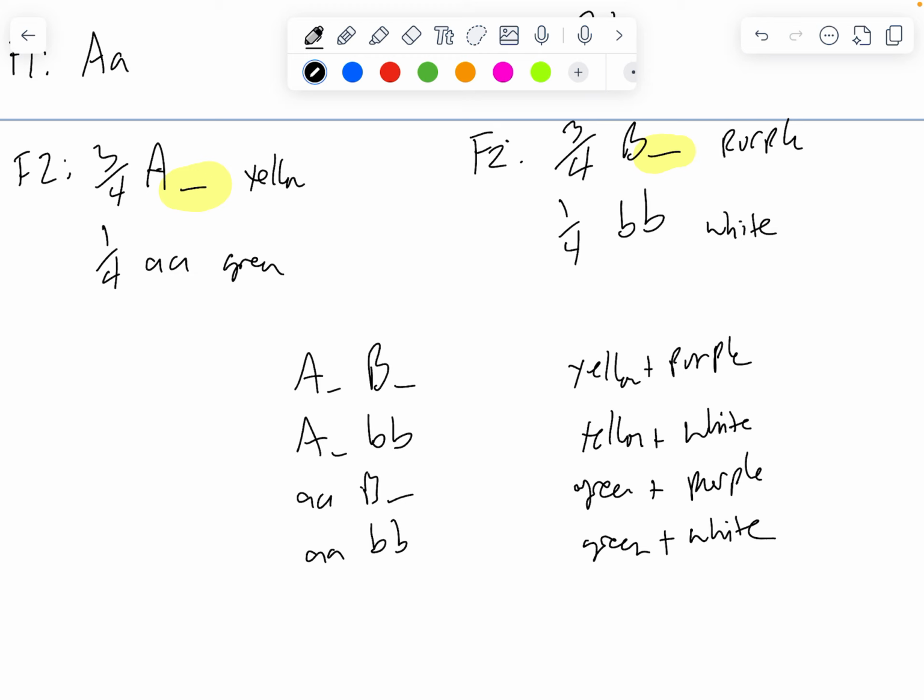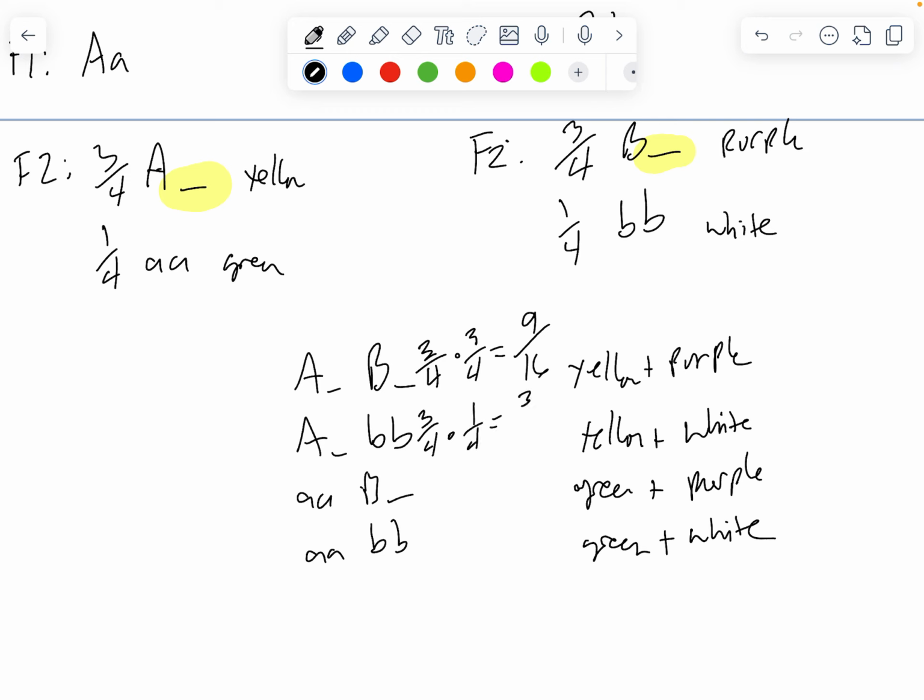So big A would be 3/4, and big B is also 3/4. So 3/4 times 3/4 equals 9/16. Big A, once again, is 3/4, and little b is 1/4.